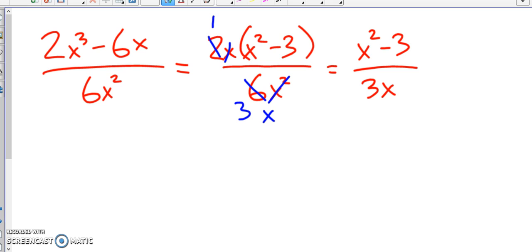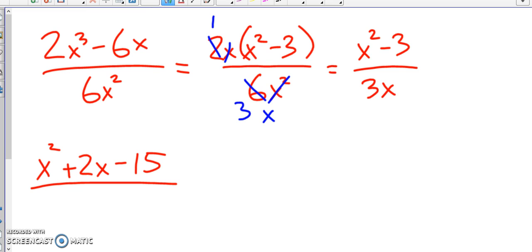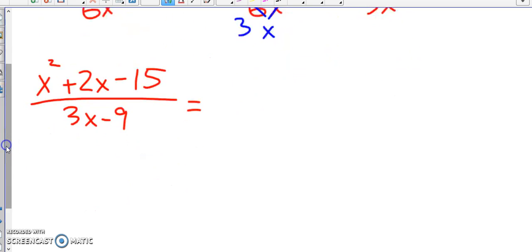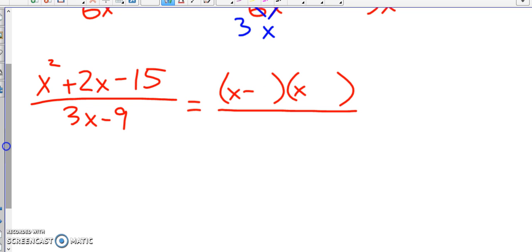All right, continuing. Let's say I had x squared plus 2x minus 15 over 3x minus 9. So, I need to factor this. So in the numerator, I need to figure out what adds to give me 2 but multiplies to give me negative 15. That could be negative 3 and positive 5.